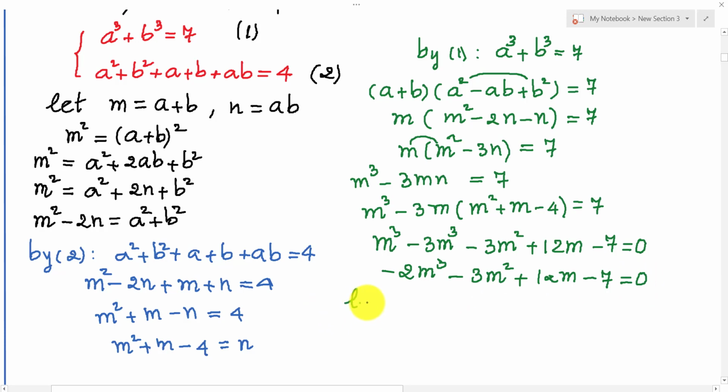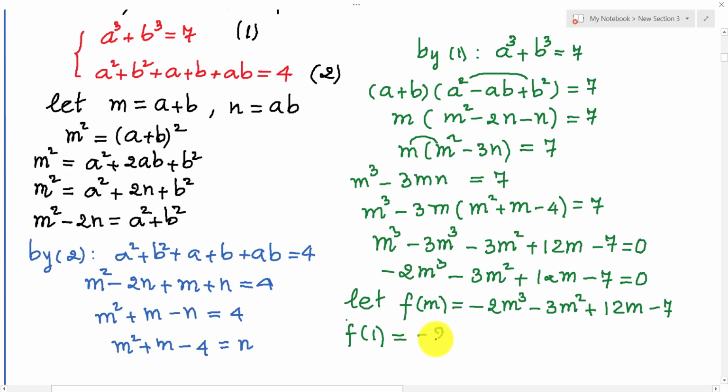So I let f(m) = -2m^3 - 3m^2 + 12m - 7. Now I replace m by 1 and get f(1) = -2(1)^3 - 3(1)^2 + 12(1) - 7.